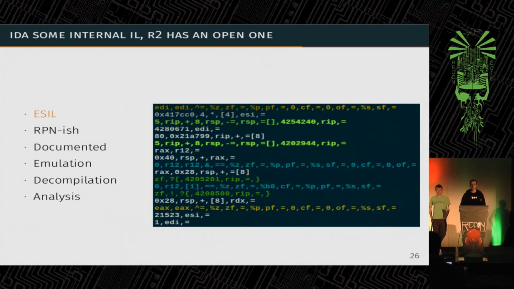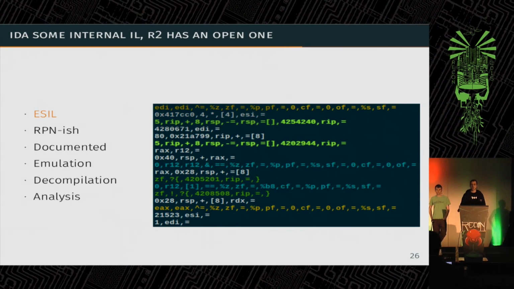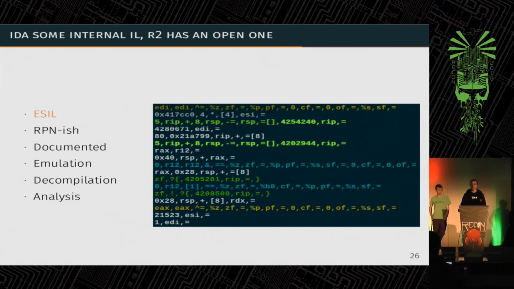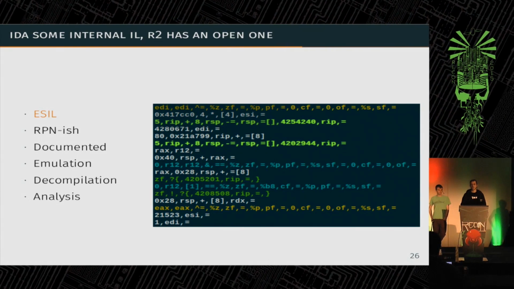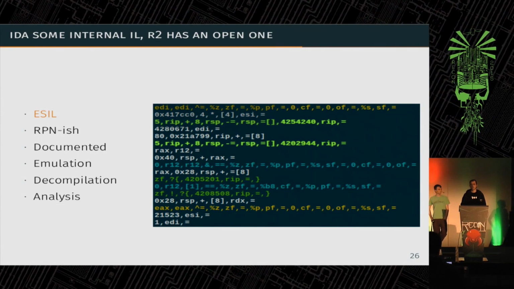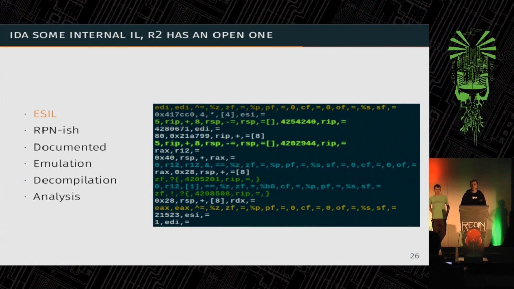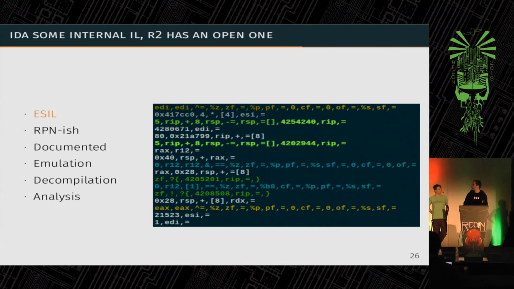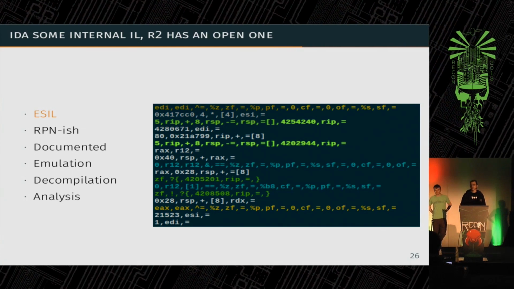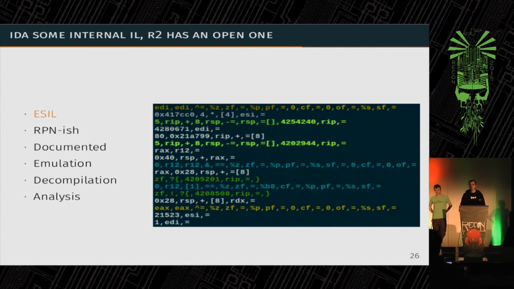There is an internal representation language in IDA and also in Radare2. It's called ESIL. It stands for Evaluable Strings Intermediate Language, something like that. It's RPN-ish, so it's awful to read, but it's documented and it's easy to write and to parse.